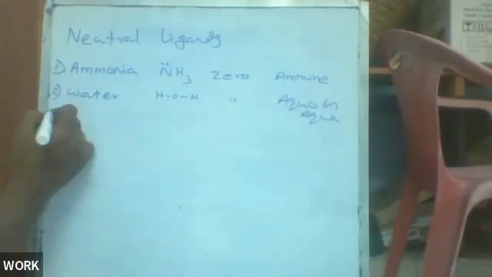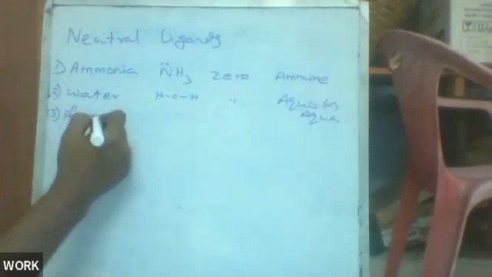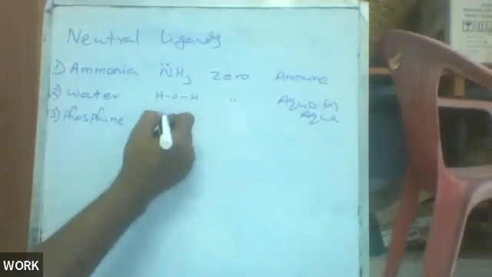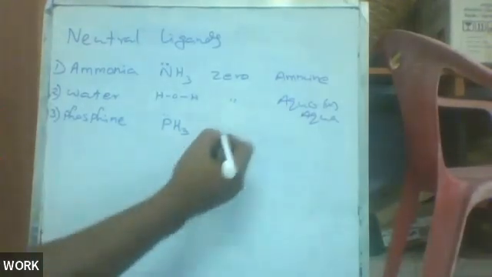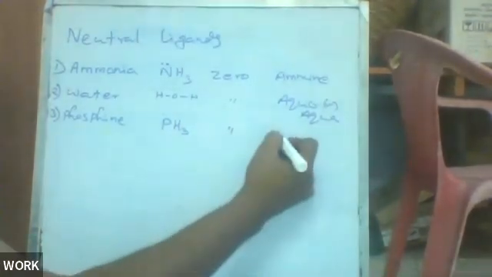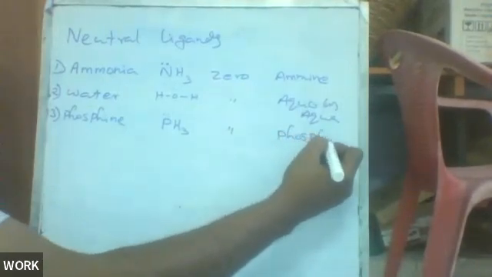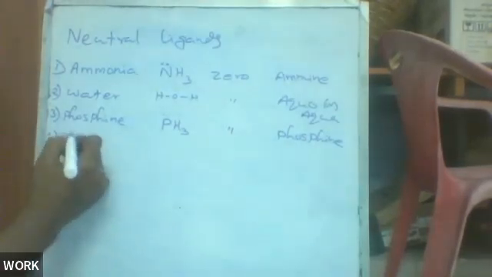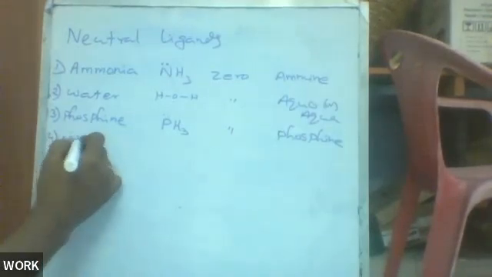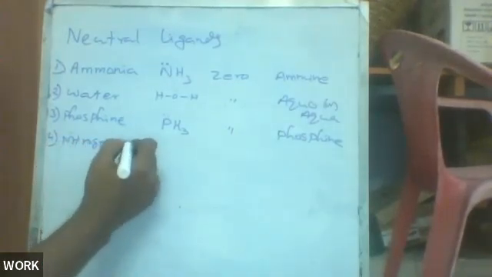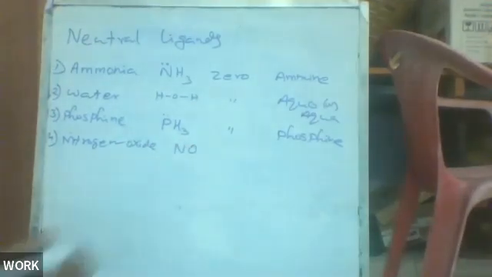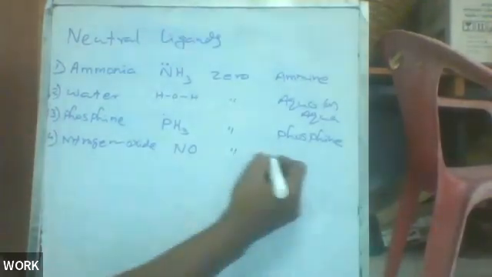And then third, phosphine, most used, PH3. So same zero, phosphine. Next, nitrogen oxide, NO. Zero, nitrosyl.